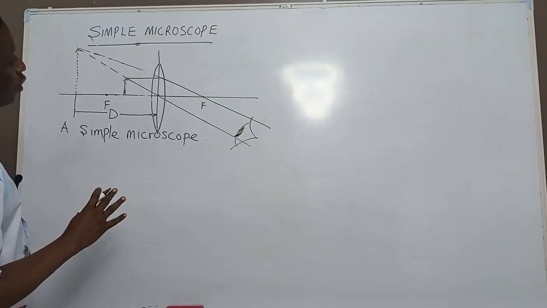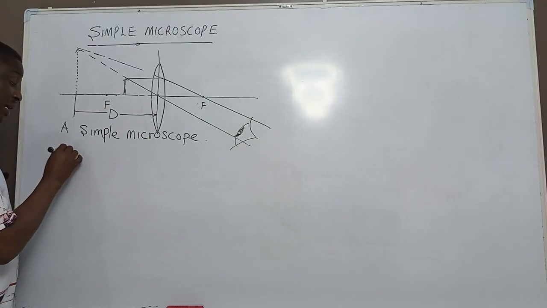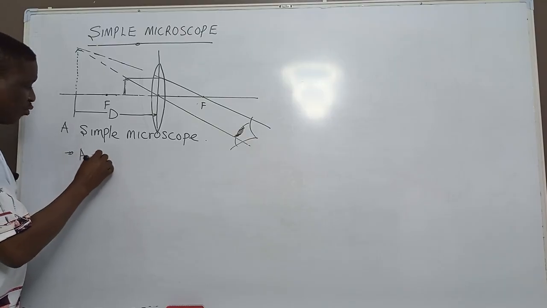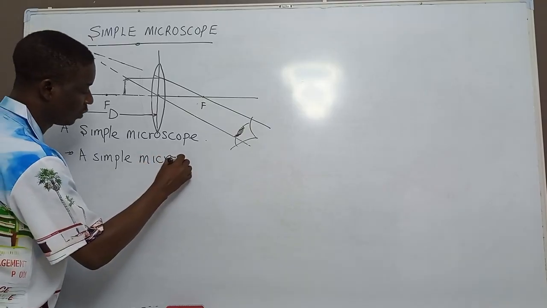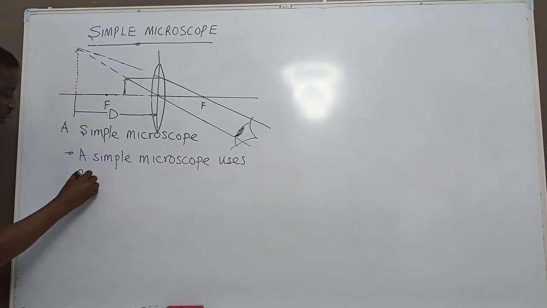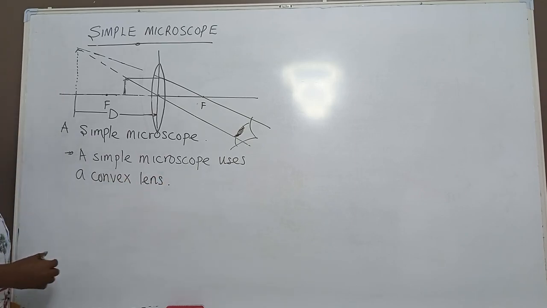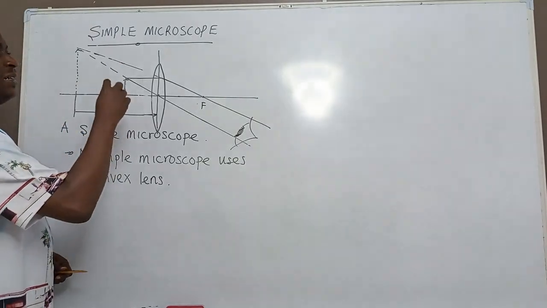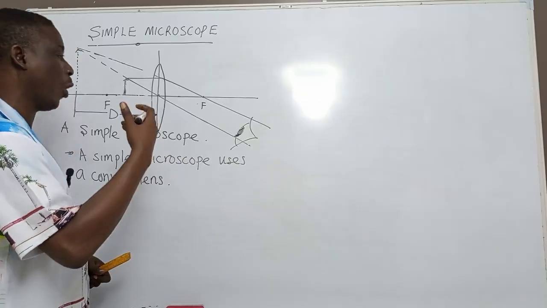Now the problem students always have is that when they ask you about a simple microscope, number one, you must know that it uses a convex lens, not a concave. It uses a convex lens, and that convex lens acts as both the eyepiece lens and the objective lens.